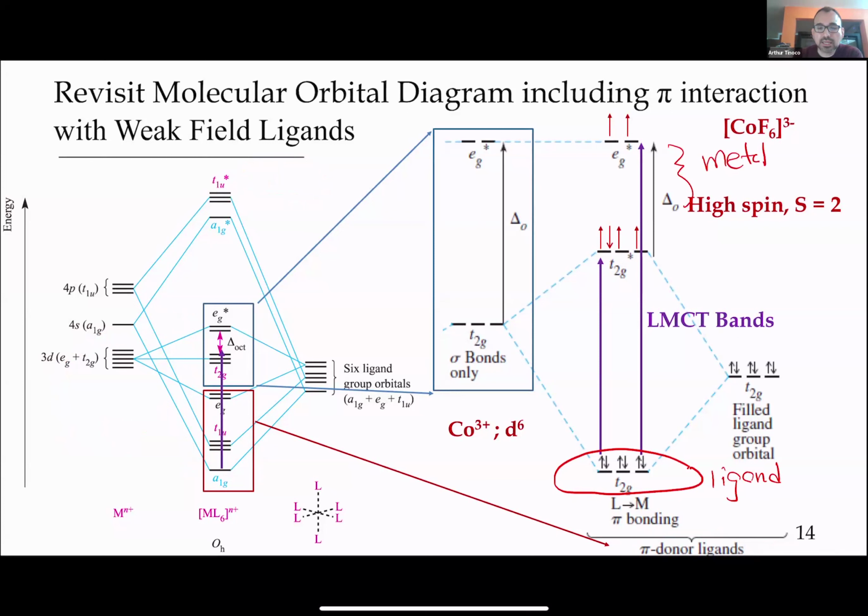Okay, so again, ligand character excited into metal character. So this is to give you a refresher of what we just talked about last week, about including, in addition to sigma interactions, pi interactions. So here's where we will particularly see ligand to metal charge transfers.